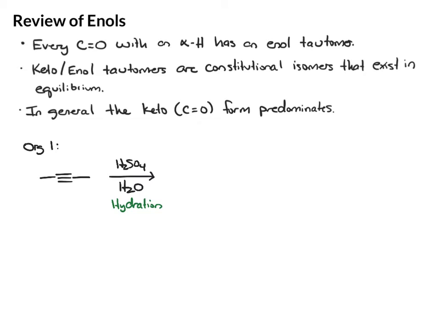So the triple bond becomes a double bond. And the net is that we add an H to one carbon of the pi bond, an OH to the other carbon. And this gave us the enol because we have the alkene with the alcohol bonded to it.